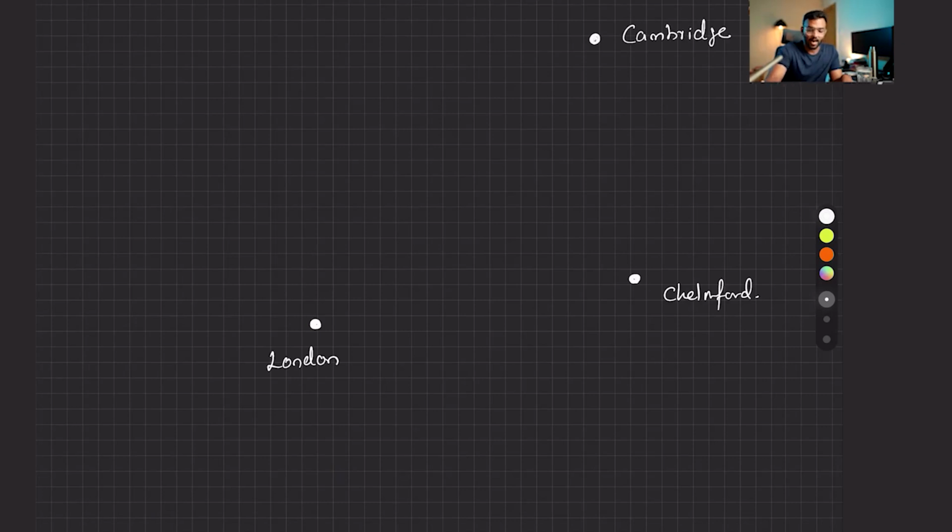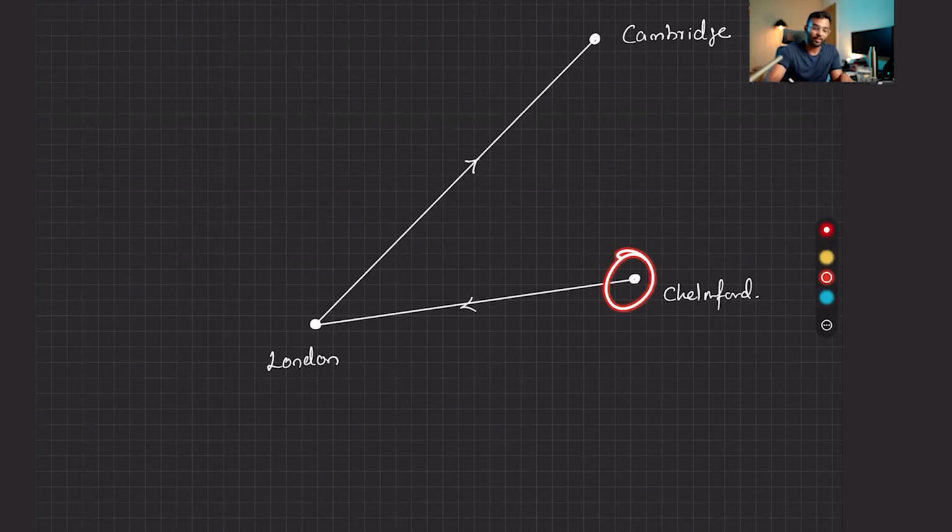Now, there is no direct train from Chelmsford to Cambridge, but there is one from Chelmsford to London and then London to Cambridge. One of my friends who lived in Chelmsford had to go to uni in Cambridge. They had to travel all the way to London and then to Cambridge, right?